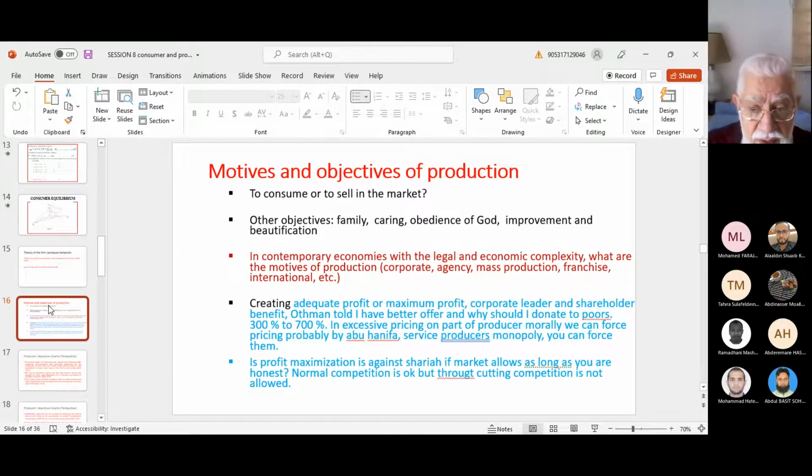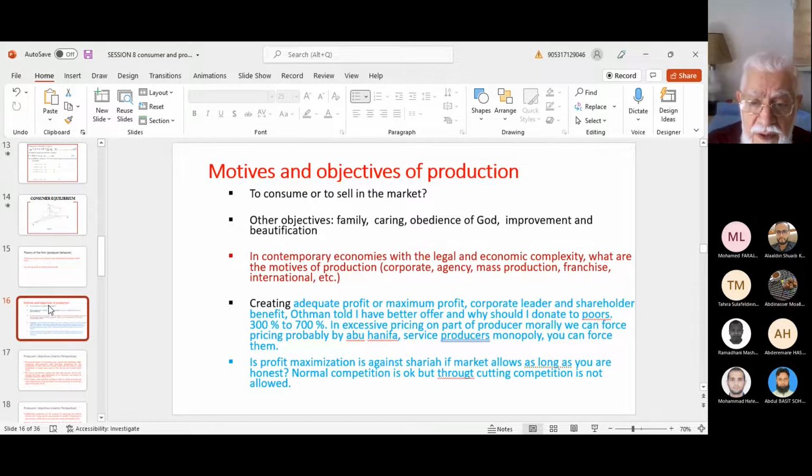Because he's not producing in an efficient way, and that definitely improves efficiency in the market. So where is the problem? And I don't see here really any problem in charging any profit, in maximizing profit.